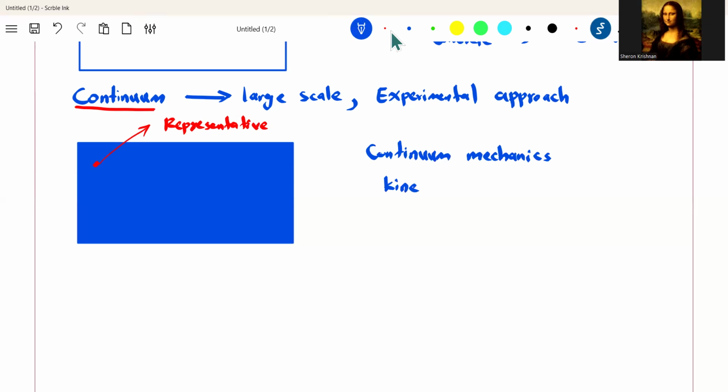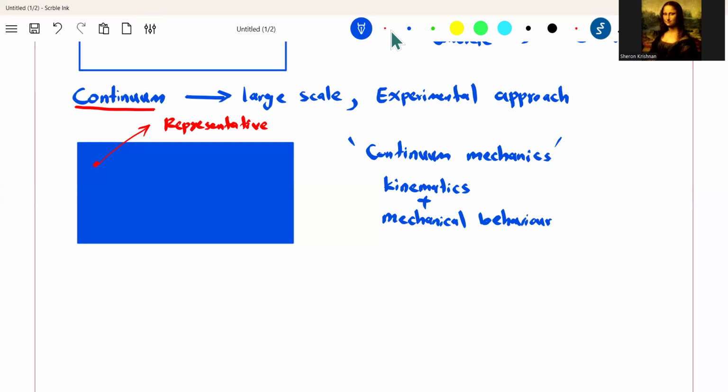One is kinematics, and another one is mechanical behavior. If you apply these two to understand the material behavior, that approach we call continuum mechanics.